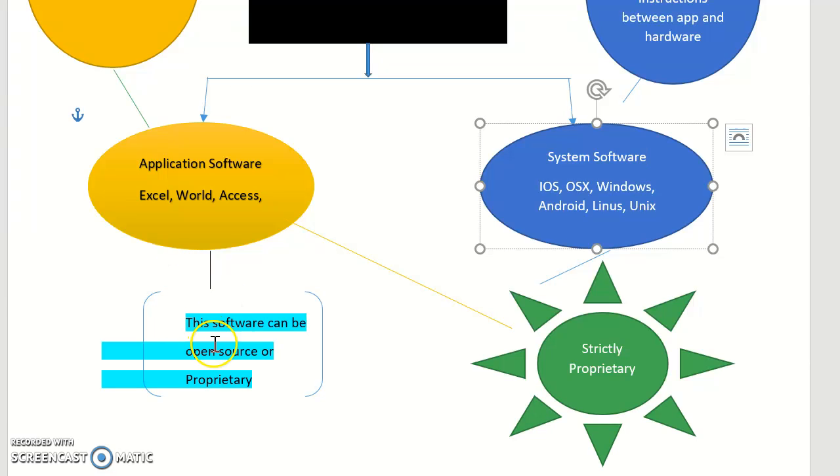Application software could be proprietary or open source. Open source, just as the name suggests, is available freely for you to download or use over the internet. You don't pay for them. But proprietary software has an owner with proprietary rights, and you have to pay for it. You could get Excel online, Word online, Access online, and these are free. But when they are proprietary, you need to purchase them and agree to terms to use them. You don't own them. You only own the license to use proprietary software.